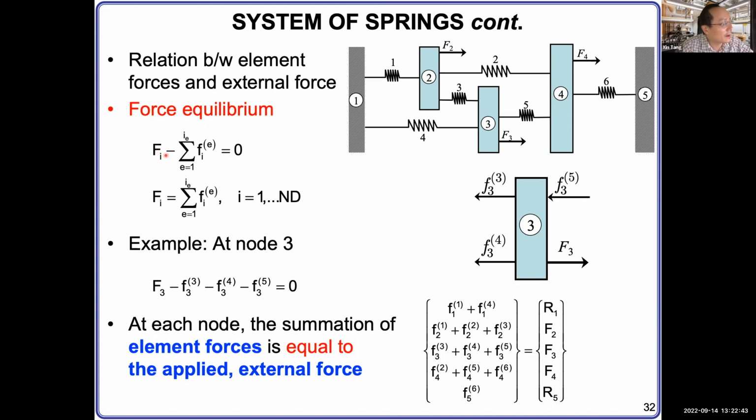That means Fi minus all the force generated by the springs on that node equals 0. So this is generic for any node. Then we can move the summation of this force to the right hand side. That means Fi, the external force, equals all the internal forces added together.